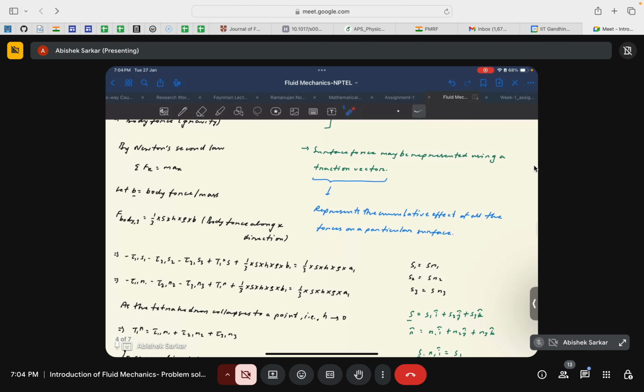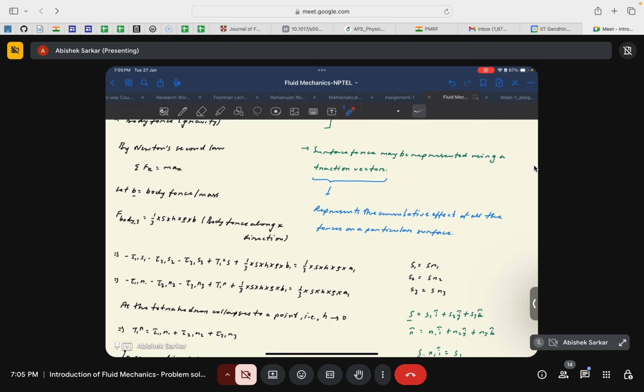Given that you have already attended lectures and seen the orientation of the forces that act along this tetrahedron shape, the force balance along the x direction is given by this equation: minus tau 11 s1 minus tau 21 s2 minus tau 31 s3 plus t1 of n cap, the traction vector, times the area, because the traction vector was force per unit area, considering the orientation.